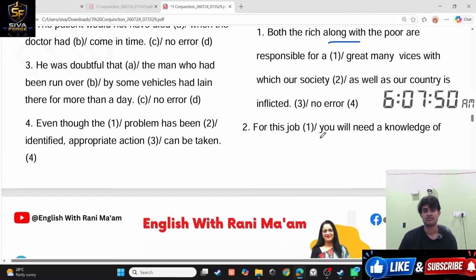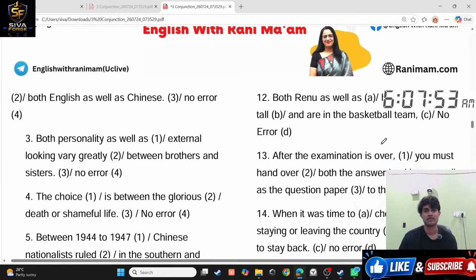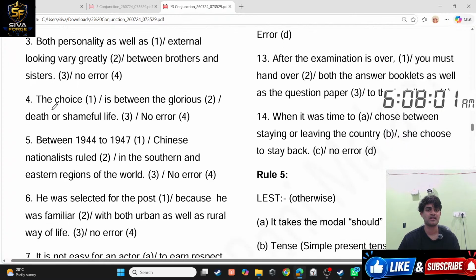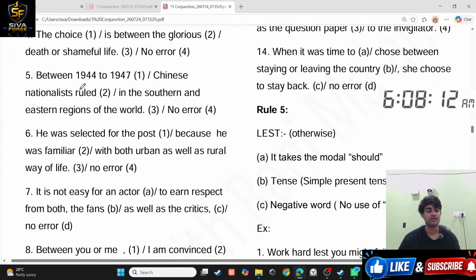For this job, you will need a knowledge of both English and Chinese. Both personality and external looking vary greatly. The choice is between the glorious death and between and both and between 1944 and 1947.